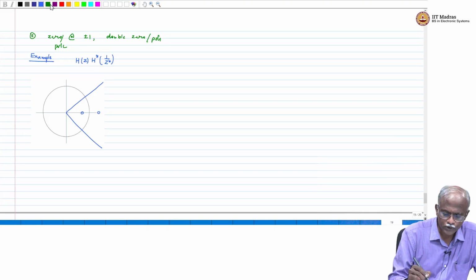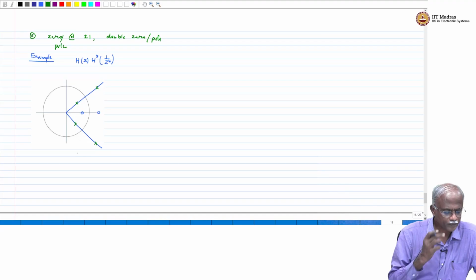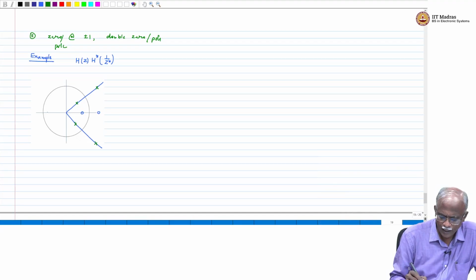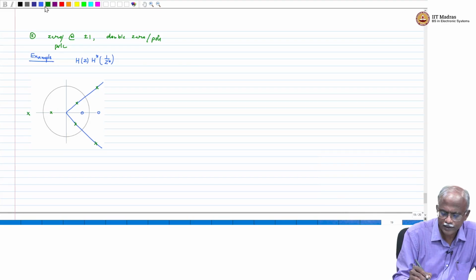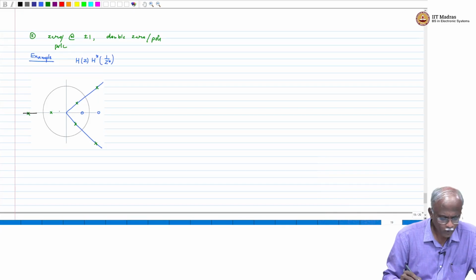These are poles. There is a set of poles here, the reciprocal conjugate, the conjugate and its reciprocal conjugate. And there is a real valued pole on the negative real axis, and its reciprocal is there. And two more poles, two more zeros.